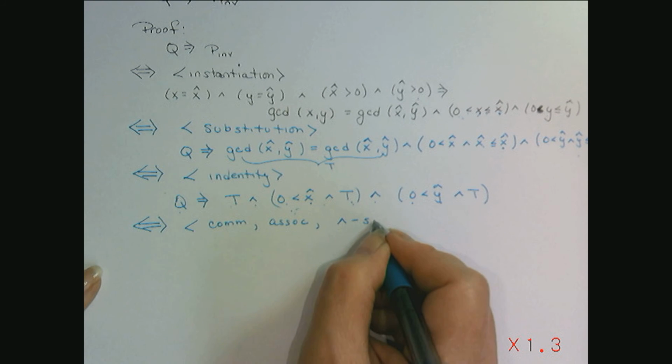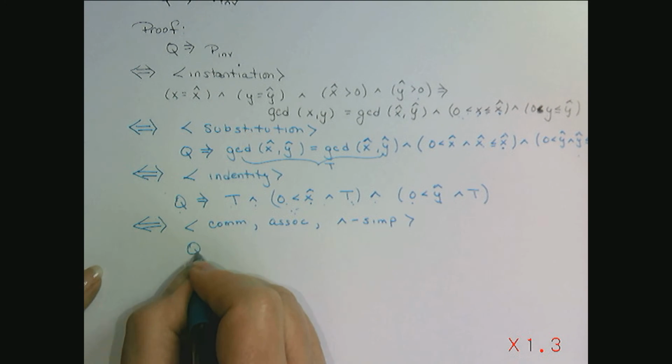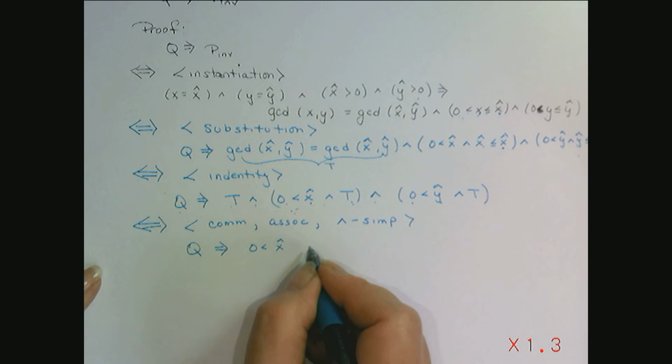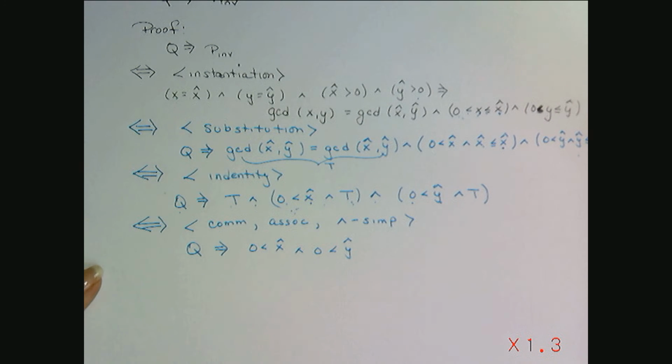But I can rearrange, and so by the commutative property, by associative property, and by many and simplifications, actually 3 and simplifications, this is equivalent to Q implies that 0 is less than x hat and 0 is less than y hat. Well, let's look at Q. What is it?